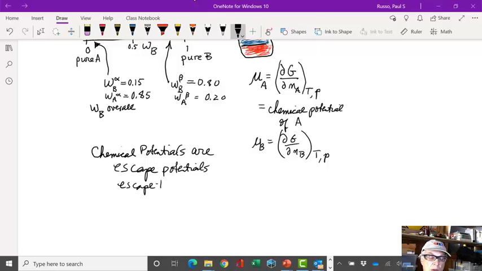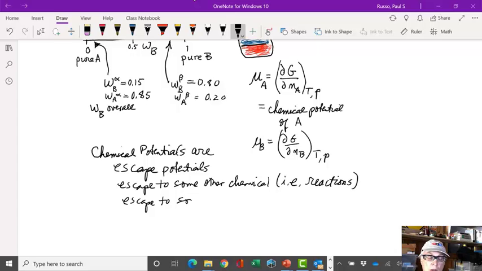And you can escape to some other chemical, i.e., you can react, or you can just escape to some other place, phase. Or you could do combinations of those. That can happen too. And if you're a chemical engineer, you'll figure all that out eventually. That's what you'll be doing.